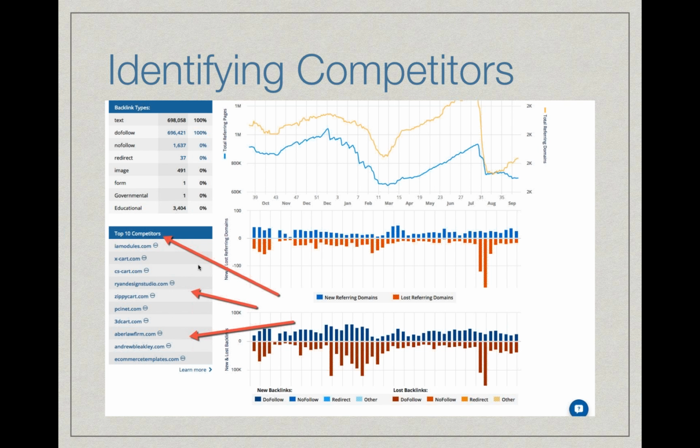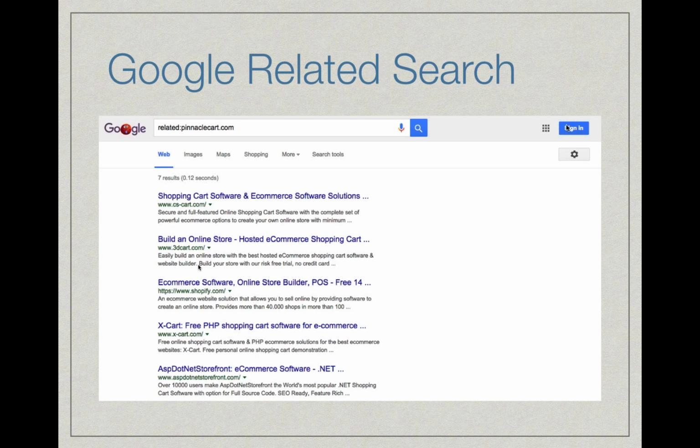Now if that doesn't give you enough competitors and you're looking for a little bit more, we also recommend going to Google and doing a related search. Many of you are not aware, but there are a lot of cool tags that you can use on Google to narrow down your search results. So this is a great one.